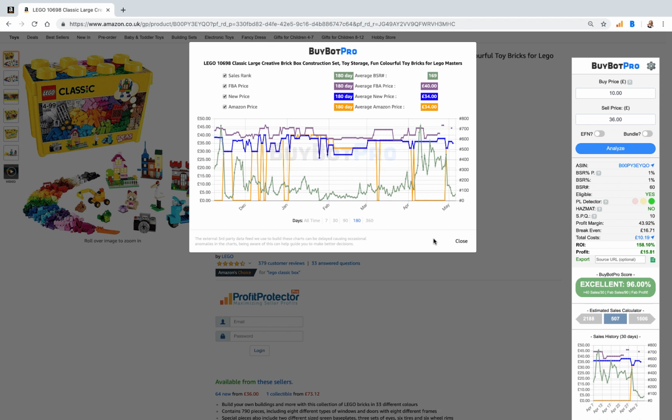You're looking at the comparisons between them to get an idea of when that product sells at its best, and for sure that's at $31.99, but it still sells really well even at the highest point here of $44.20. It does still sell, not as quickly, of course, but it is still selling. So that's how you use and read the sales history charts in BuyBotPro.